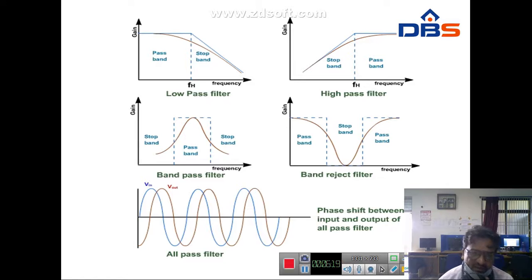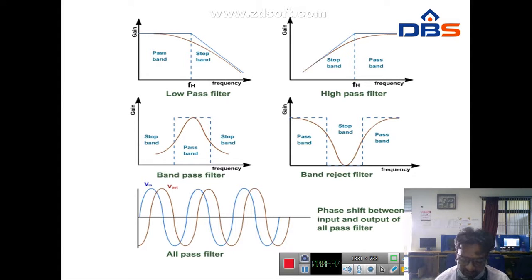That is the meaning of the low pass filter: it allows only the low frequency components. In the case of the high pass filter, it eliminates or attenuates low frequency components and allows only the high frequency components.